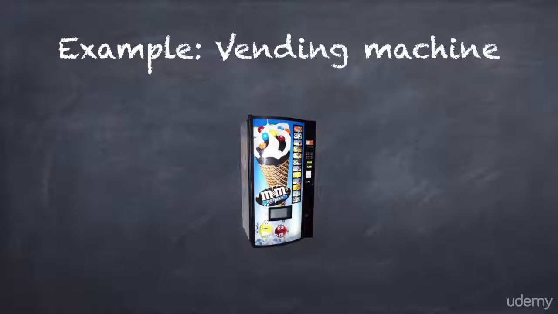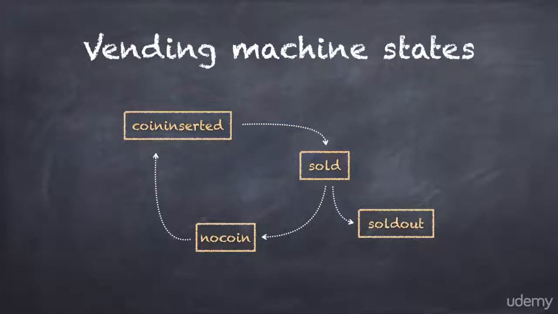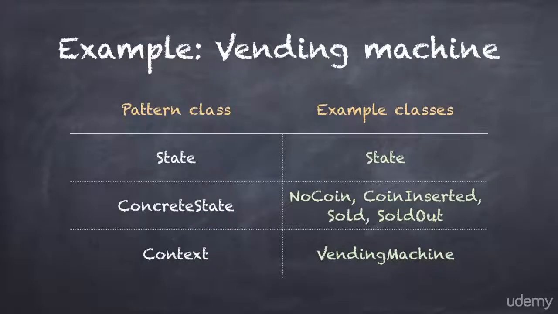The state classes will change the behavior of these methods based on a constantly changing internal state. My states will transition according to the following pattern: from no coin to coin inserted to sold, and then to either no coin again or to sold out. I will implement the pattern with the following classes.